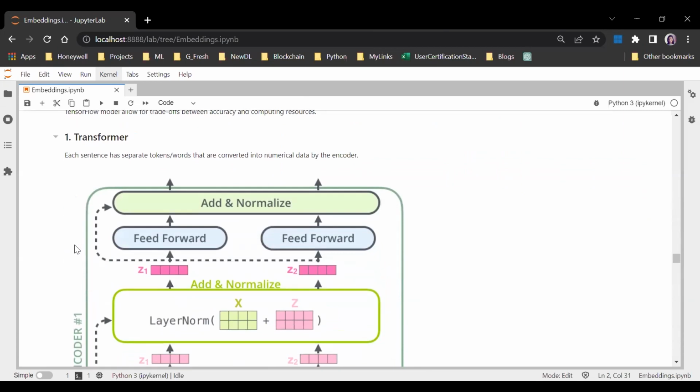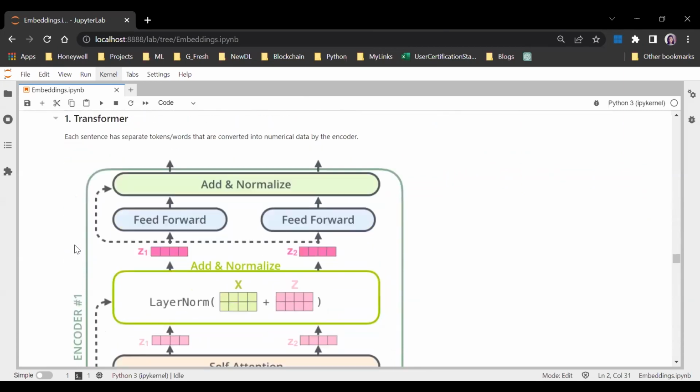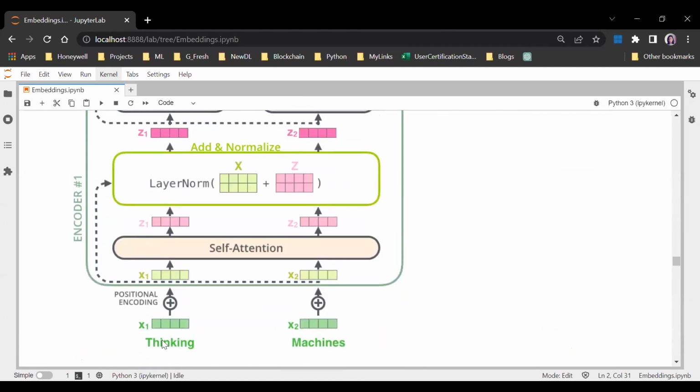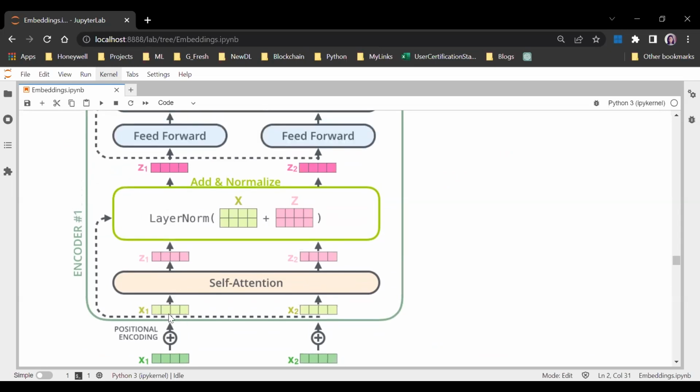So here is a high-level diagram of the encoder part of the transformer. We have the input words, or a sentence like "thinking machine". First there's a step for positional encoding. It will capture the position of a particular word in the document. Then we pass the encoded part to a self-attention layer.